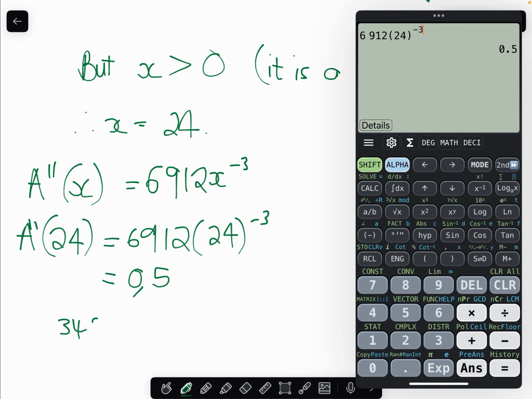Wait, let's just double check 3456 on the computer. Okay, so that is 6912. Anyway, the most important thing being that this is a positive value, meaning that the graph of A is concave up when x is equal to 24, meaning that x is equal to 24 is indeed a local minimum.